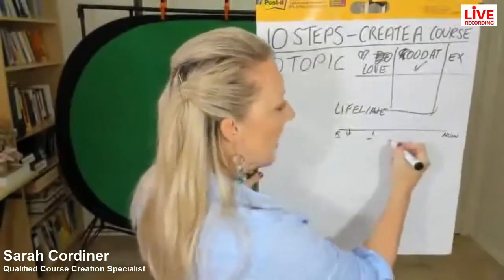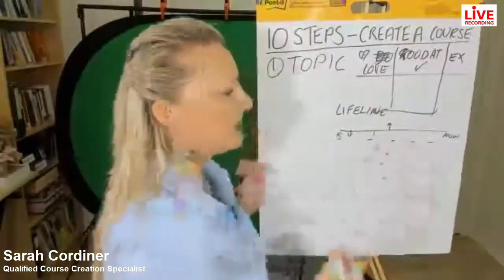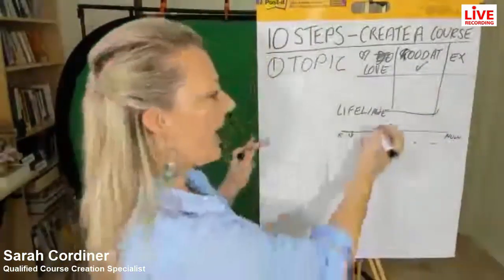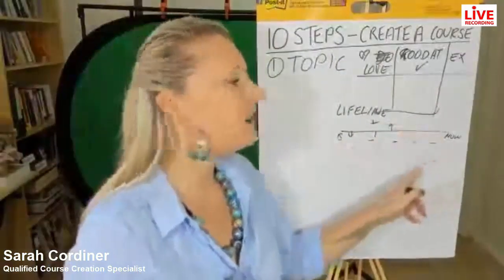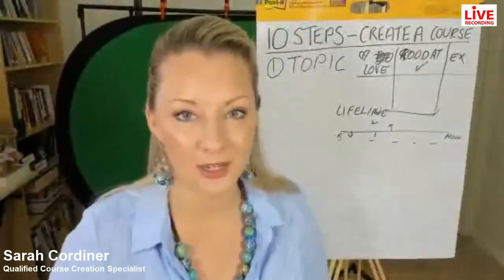And down here, it's going to be everything that's been challenging and difficult. Up here is everything that is positive, every success you've ever had, every achievement that you've ever accumulated in your life. And these experiences will give you clues as to what it is that you could teach.